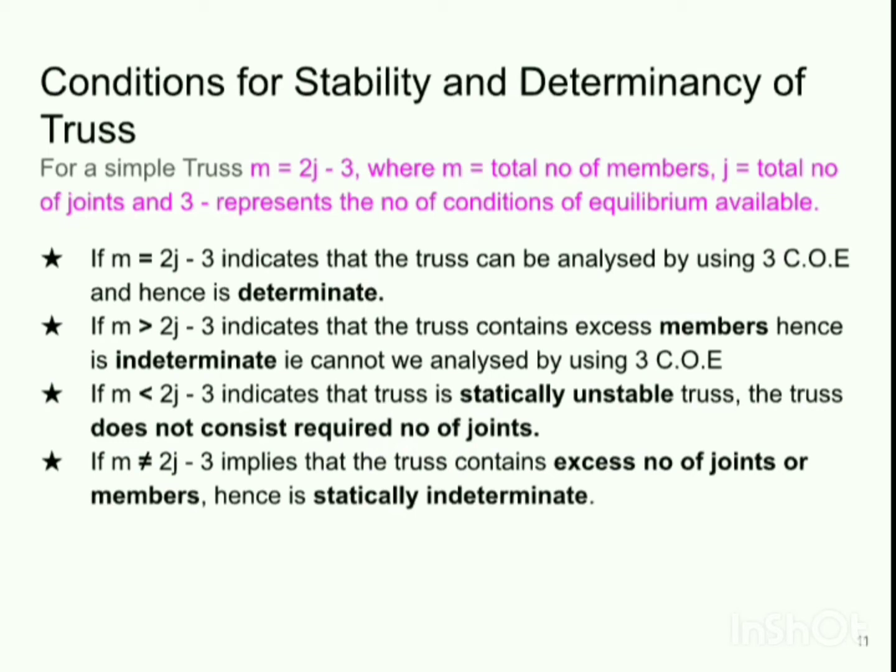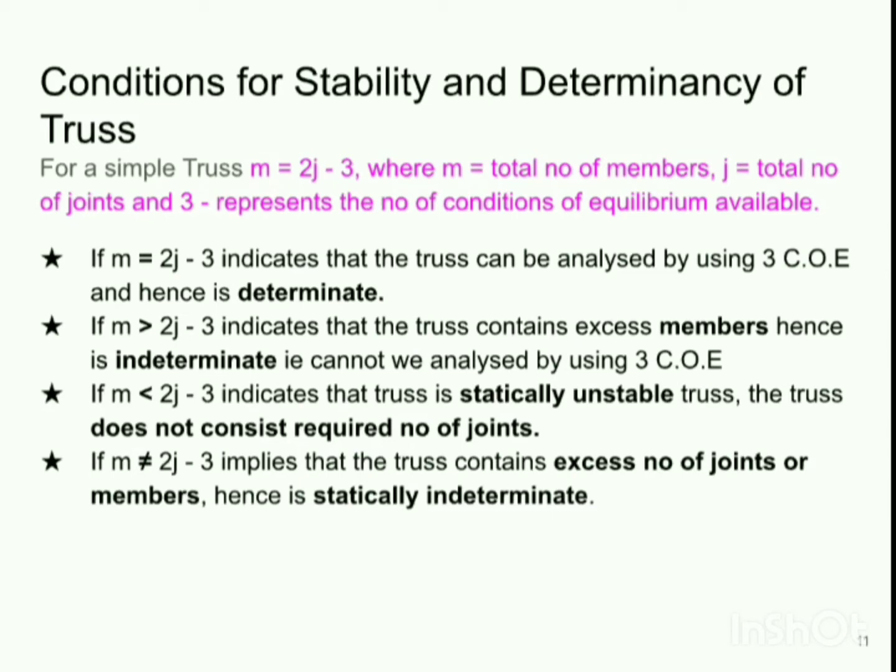Next is an overview of the conditions for stability and determinacy of truss. Now, while analyzing a truss, we firstly need to find out whether the truss is a perfect truss, and whether it is determinate or indeterminate. So let us see. For a simple truss, m should be equal to 2j minus r.